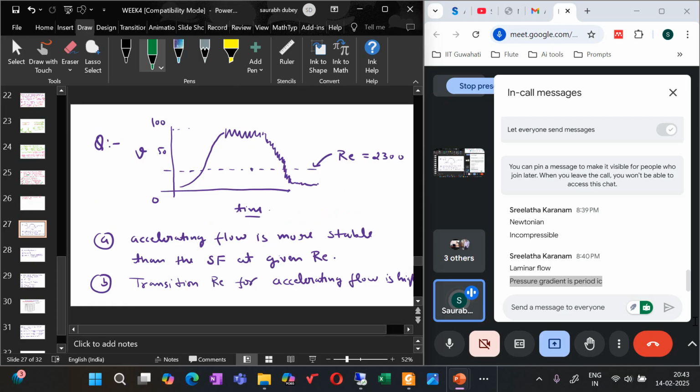Option A: accelerating flow is more stable than the steady flow at a given Reynolds number. Option B: the transition Reynolds number for accelerating flow is high. You have to say which one is true and which one is false. For example, A is true, B is false. Like that you have to give the answer, and I will mark it. So please solve this.